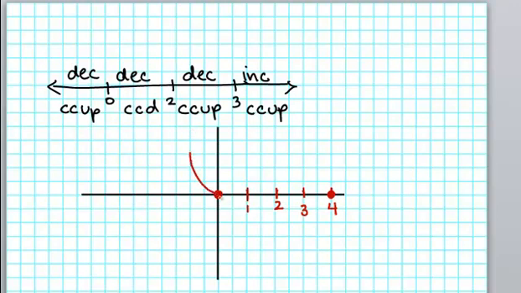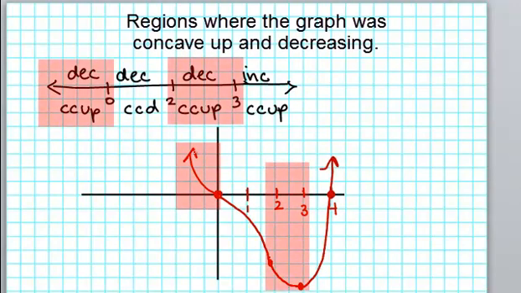First I do decreasing concave up, then decreasing concave down, then decreasing concave up, then increasing concave up. Now, to answer the original question, the places where my graph was concave up and decreasing are highlighted here in red. And I'm just going to put some important characteristic points here.